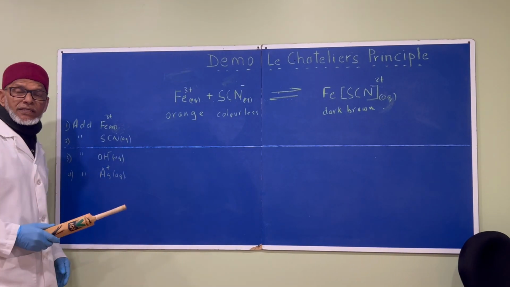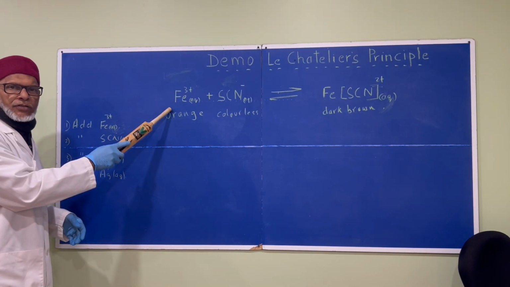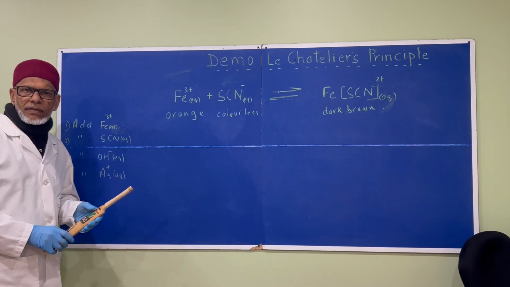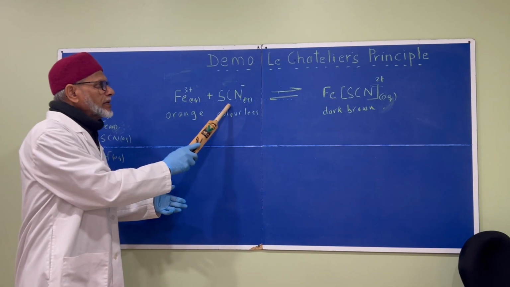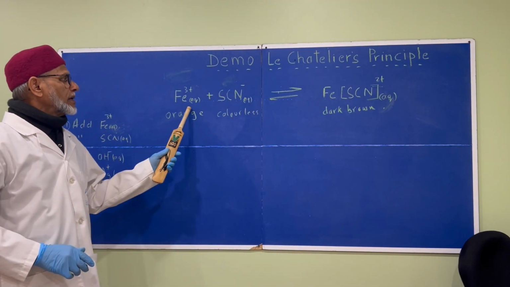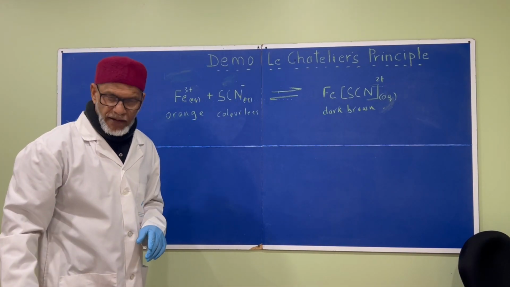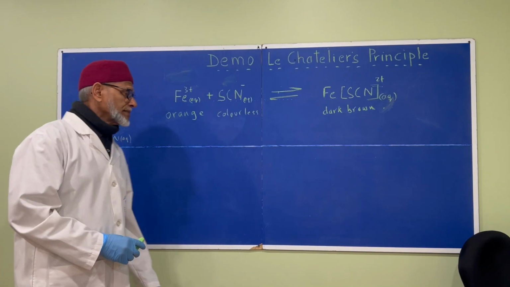In this third experiment, we will be adding sodium hydroxide to the equilibrium mixture. But sodium hydroxide is not a part of the equilibrium mixture. It is neither a reactant nor a product. However, sodium hydroxide provides OH ions.